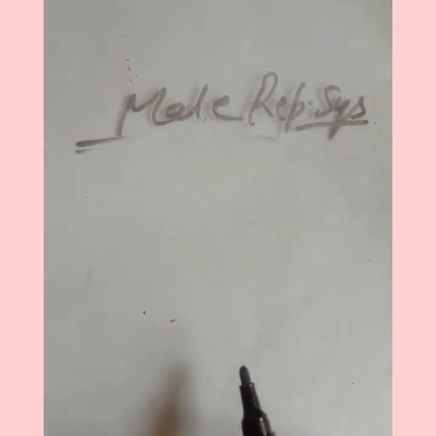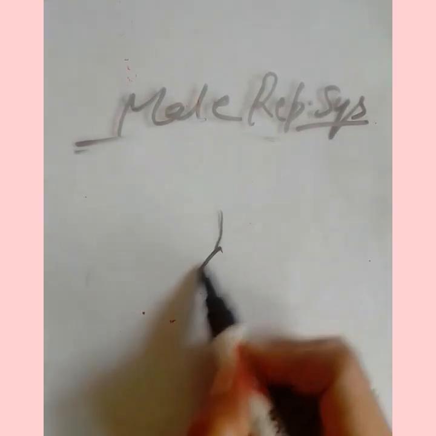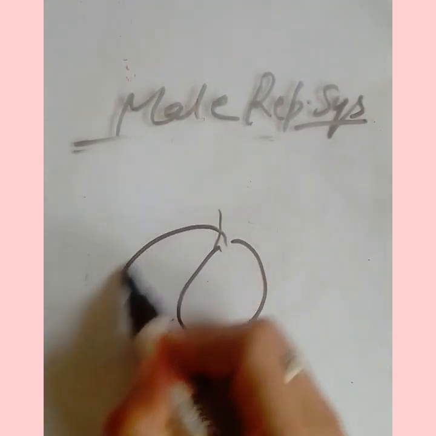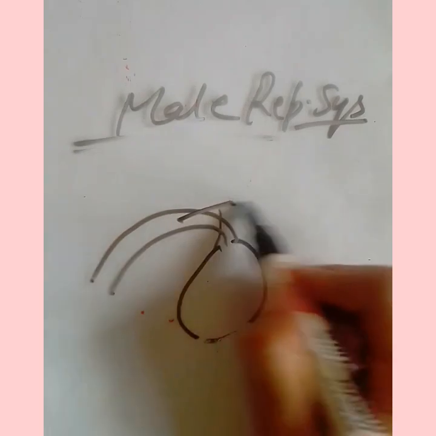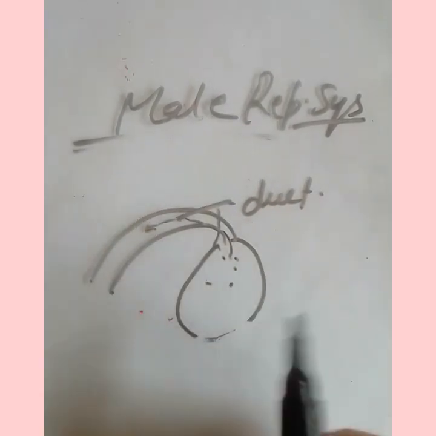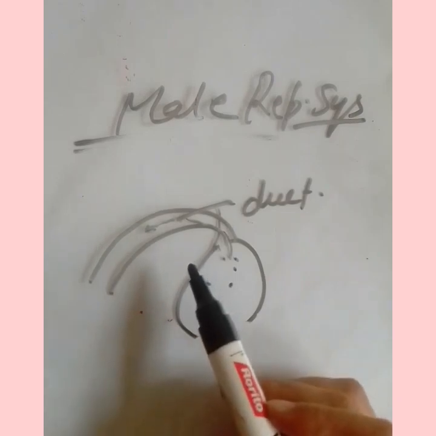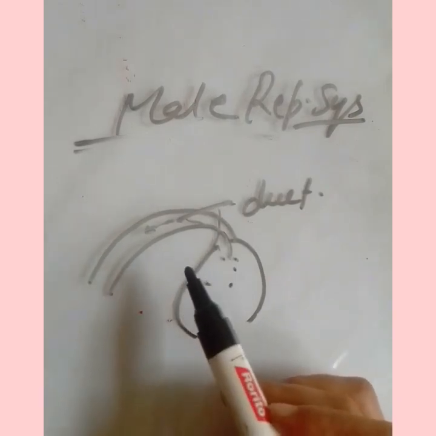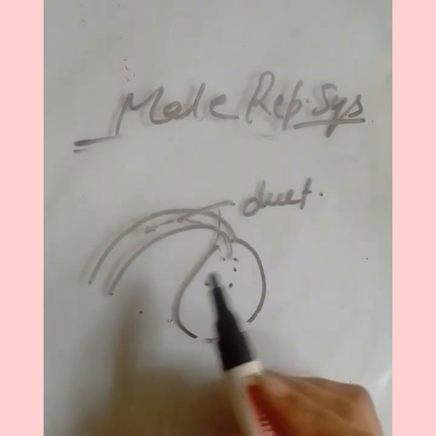Now the ducts will be present. For example, this is the testis, so a duct will be present. The duct is a pipe-like structure that will bring these sperms, and that is called the sperm duct, to the urethra.